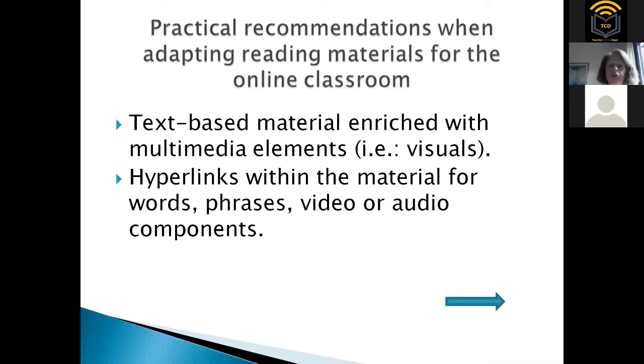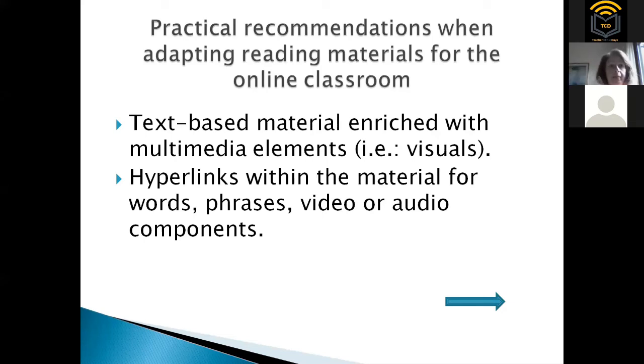And you can actually have hyperlinks not only for words or phrases or chunks. You can also have video or audio components. For example, let's say that in a reading, a historical event is mentioned. So what you can have is a very short video explaining that one.